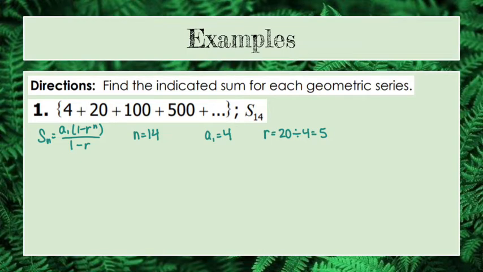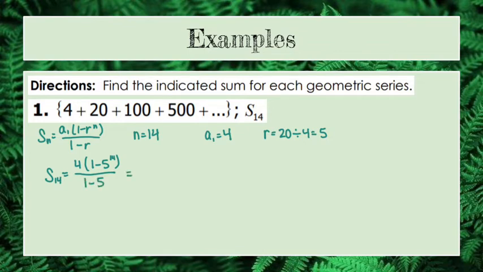And now we're just going to put that all together. S sub 14 equals A1, which is 4, times 1 minus r, which is 5, to the 14th power, n is 14, divided by 1 minus r, which is 5.